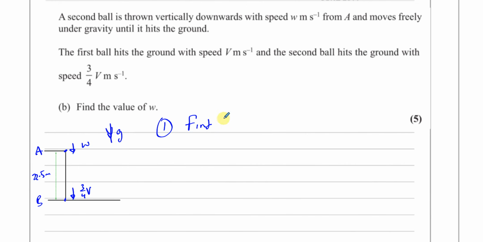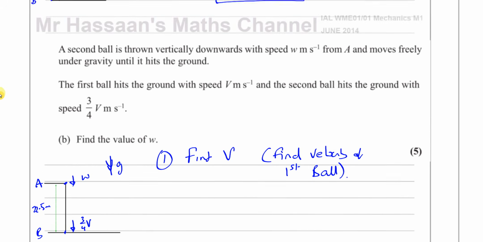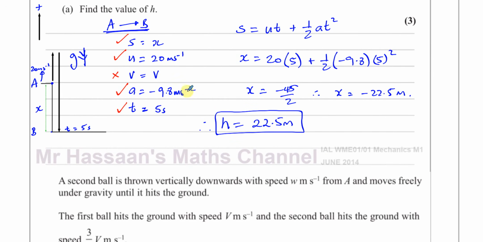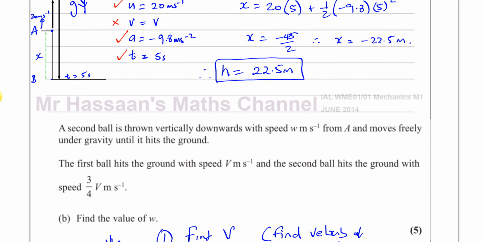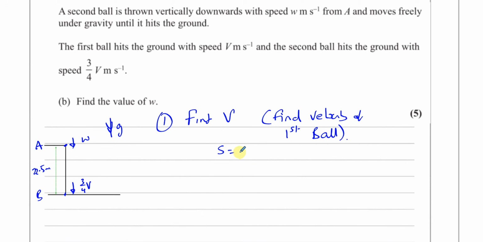We have to find V, which is the final velocity of the first ball. So we're going to use this situation here. S is negative 22.5 because I'm taking up as positive for the first situation. The first ball is projected upwards, so up is positive.